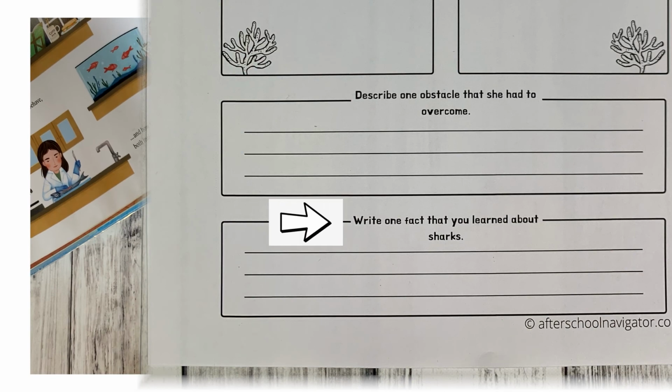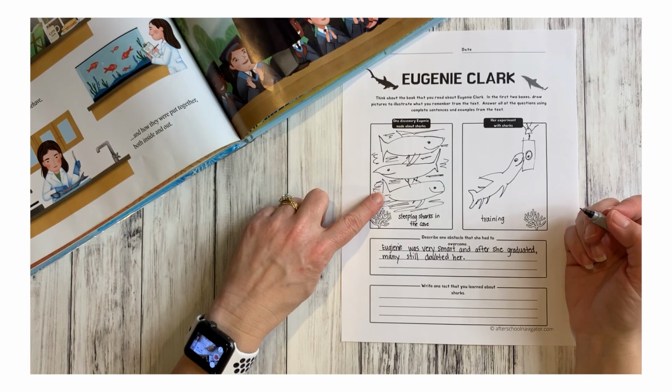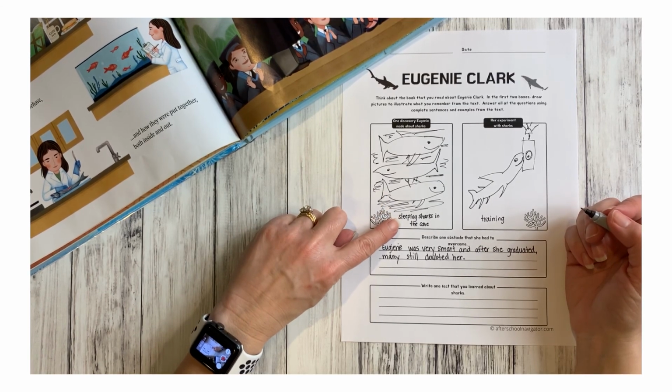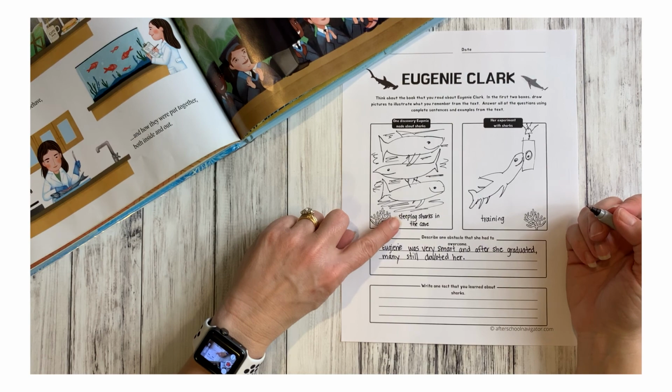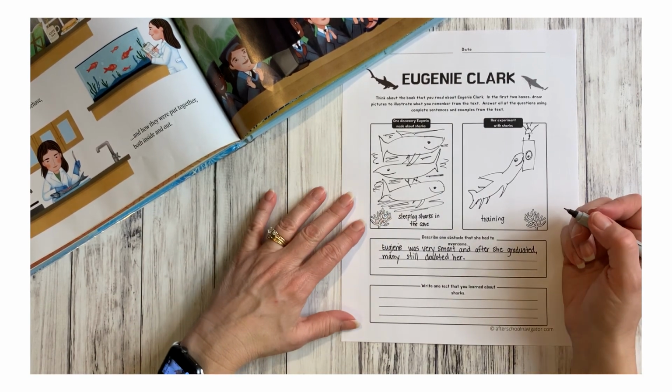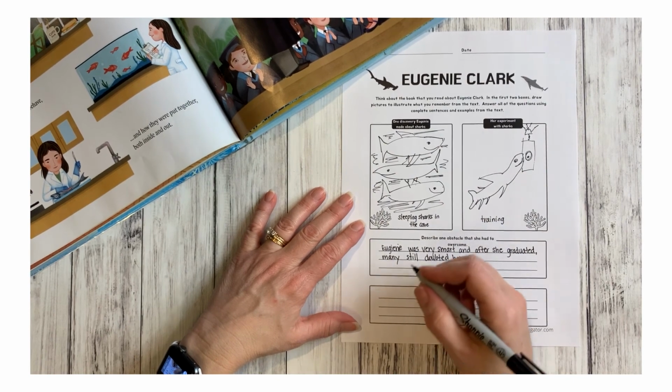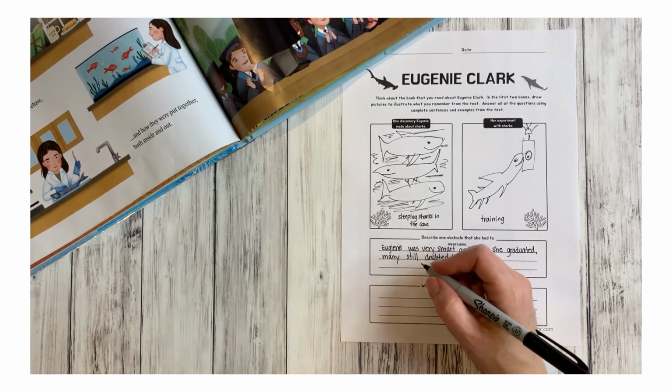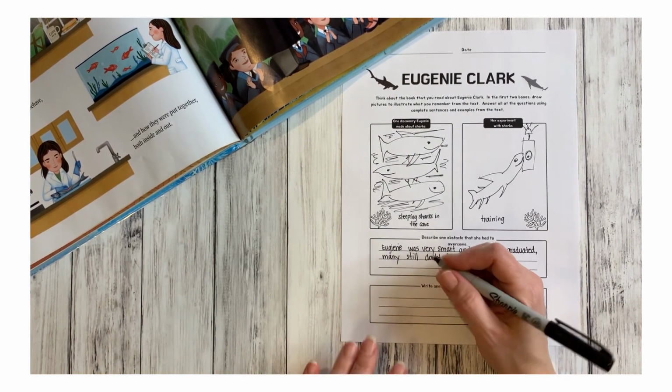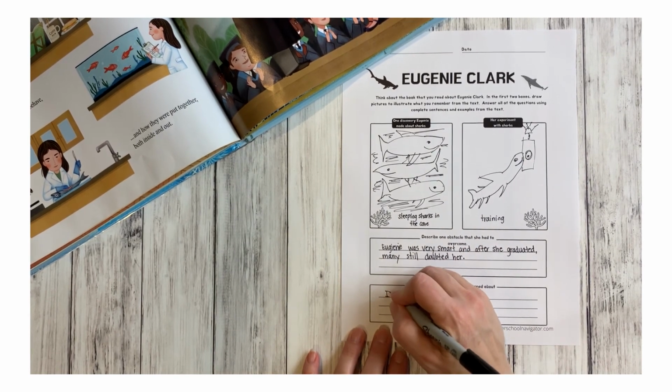Now it says, write one fact that you learned about the sharks. And so now I can go back up to my picture that I drew here and write about those sleeping sharks in the cave there. And it was believed that sharks needed to keep moving. I'm going to write that.